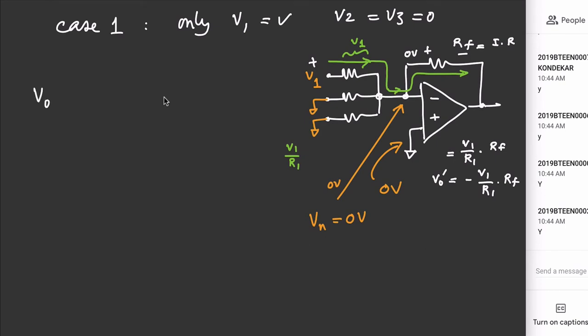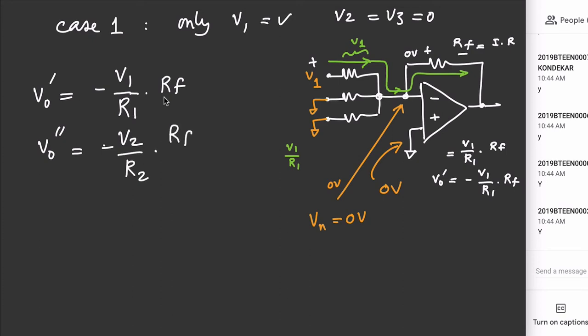VO dash will be equal to minus V1 by R1 into Rf. VO double dash will be minus V2 by R2 into Rf. VO triple dash will be equal to minus V3 by R3 into Rf.